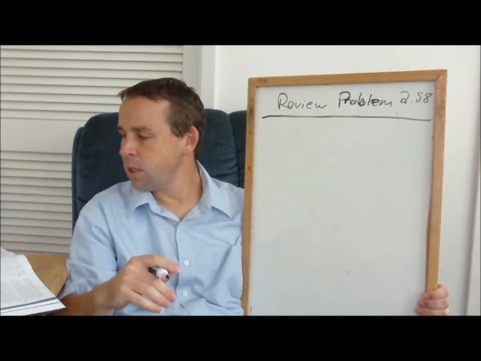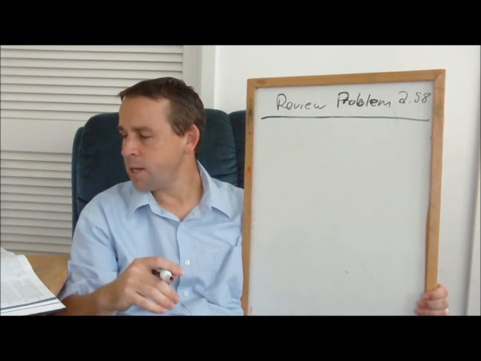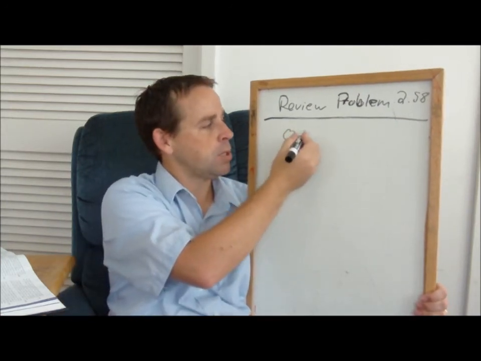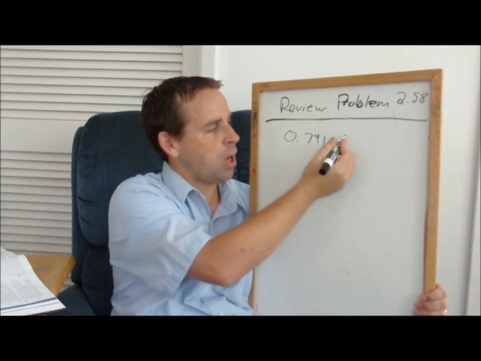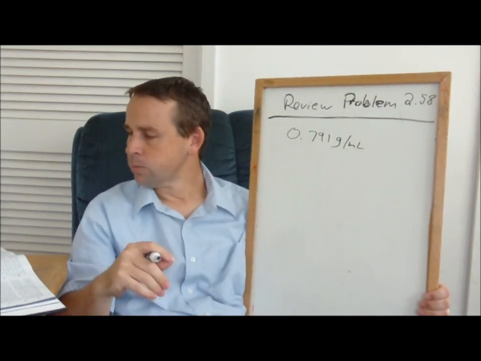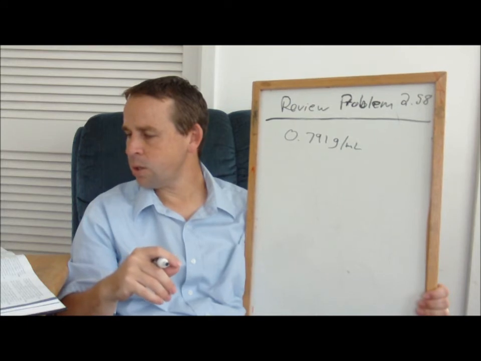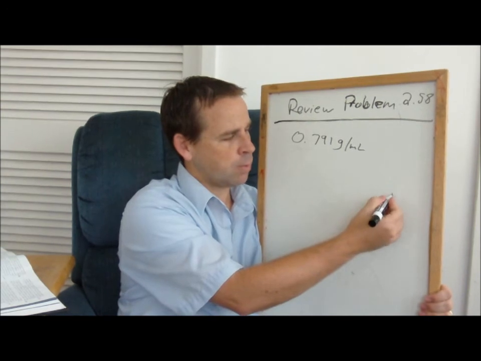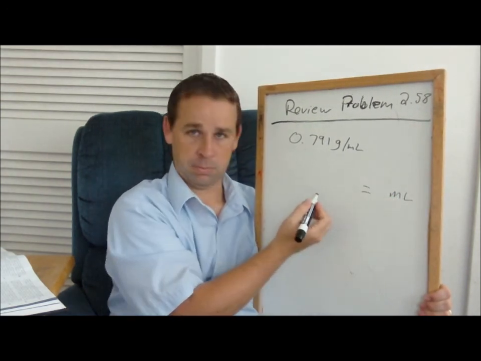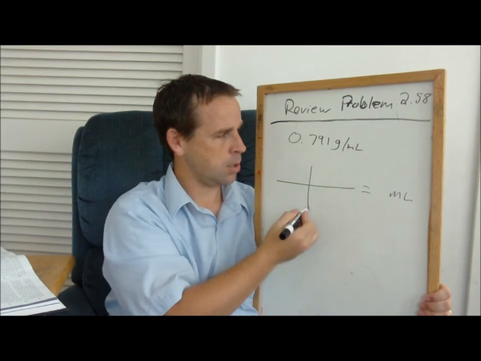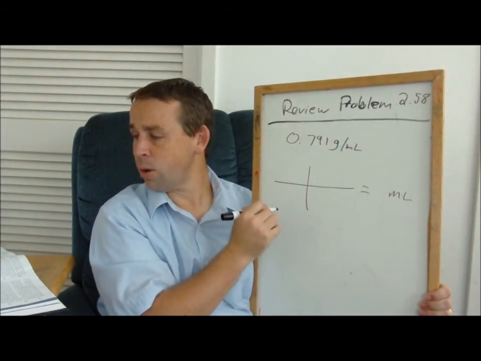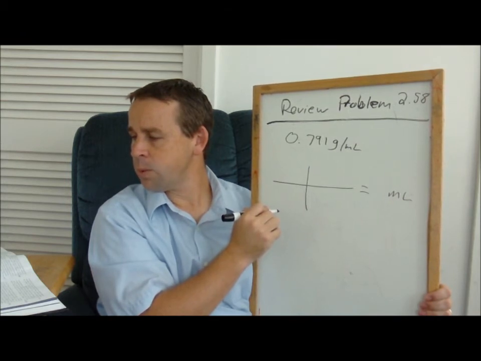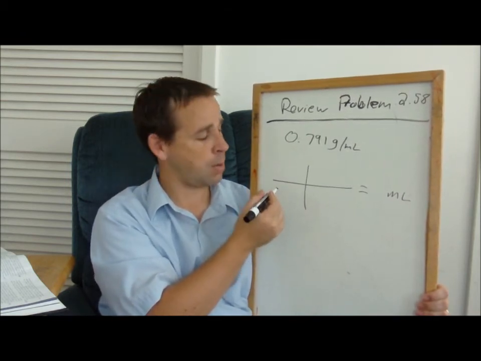Acetone, the solvent in some nail polish removers, has a density of 0.791 grams per milliliter. What is the volume in milliliters of 25.0 grams of acetone?